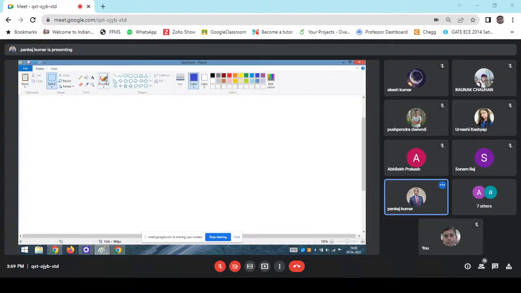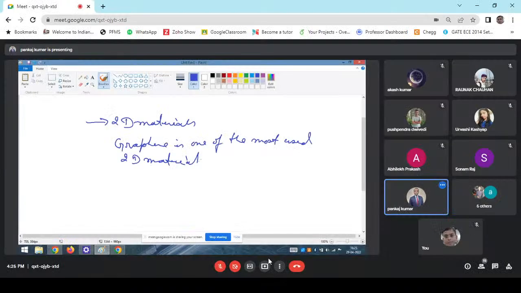Graphene is one of the most used. Okay, so there are n number of 2D materials and n number of ways to characterize those materials. So that's all from my side. If you have any doubt, you can ask.